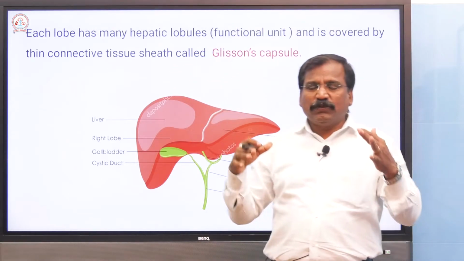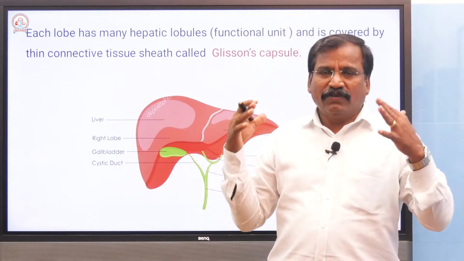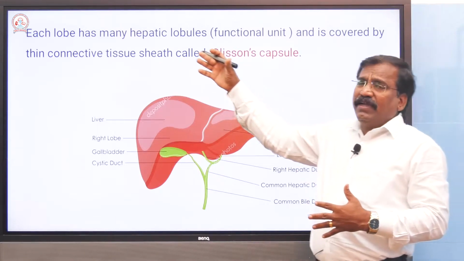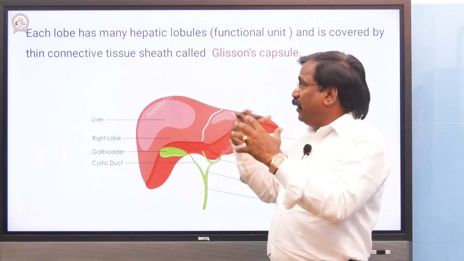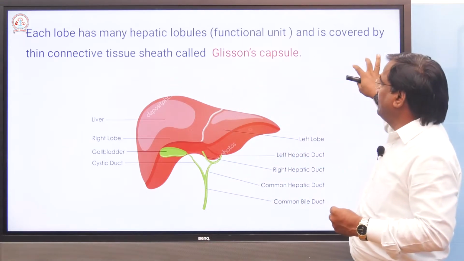The lobules are the functional units made up of hepatic cells that secrete the bile juice. Each lobule is surrounded and protected by a sheath, a protective covering called Glisson's capsule.